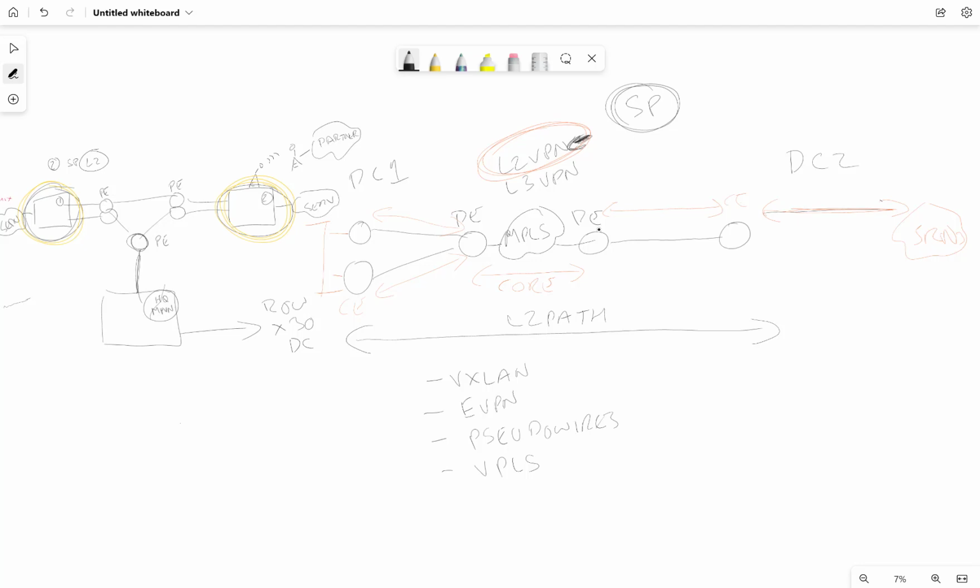We might also use other overlay based technologies. And I'm going to leave that to you to work out and consider what different types of layer 2 technologies and overlay technologies you might actually use.